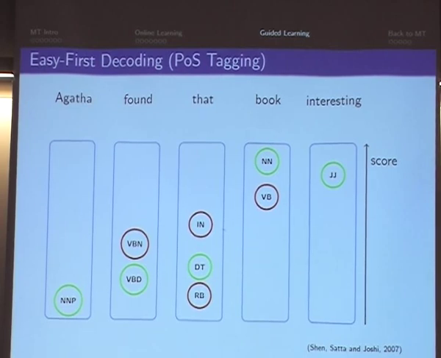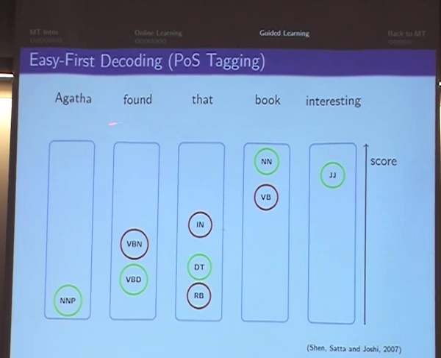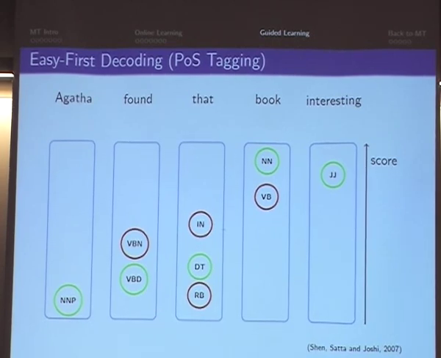Well, first, how does usual HMM decoding work? You decode a sentence from left to right. You have Viterbi search, or sometimes a beam search if it's too broad, and you try all the hypotheses, but you grow them from left to right.